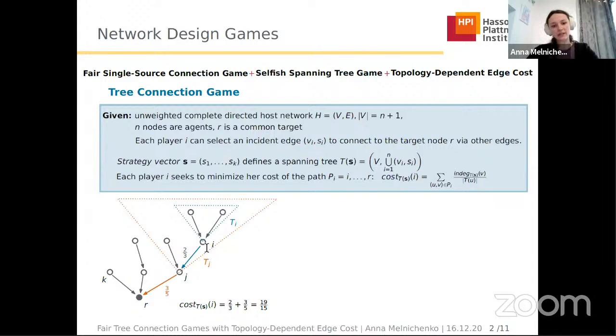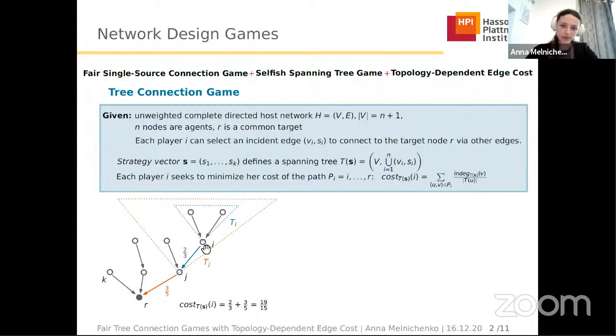It's the total cost of all edges, where each cost first of all depends on the topology, so it's proportional to the in-degree of its endpoint, fairly divided by all its users. By all its users, we mean, of course, the subtree rooted in the corresponding node.